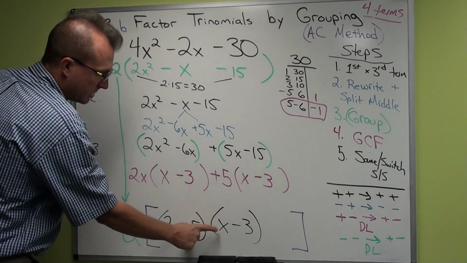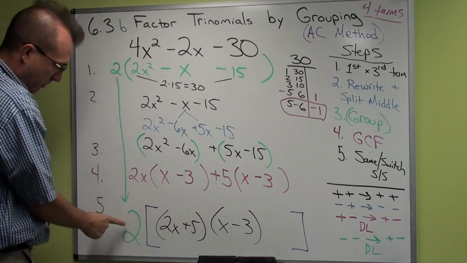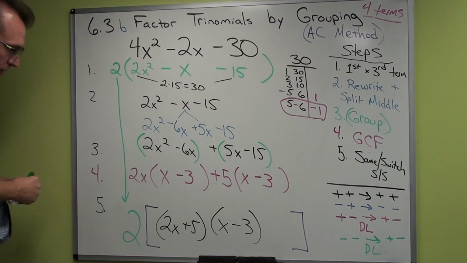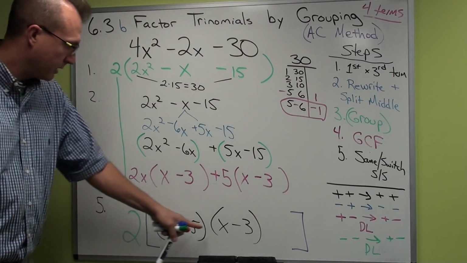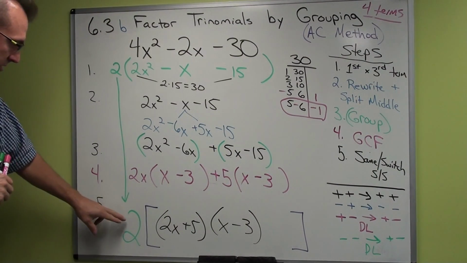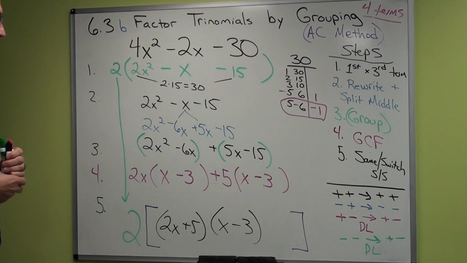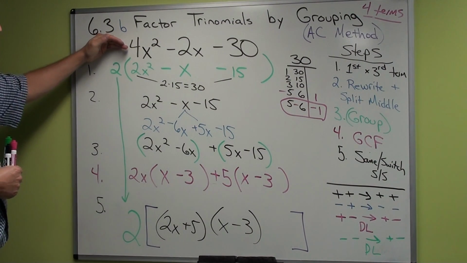So this is the answer to this part, but we also have a greatest common factor of 2 over here. So that whole thing is your answer at the bottom. If you miss the 2 and don't bring it down, the problem's wrong, because it won't give you the right answer if you try to get back to this.